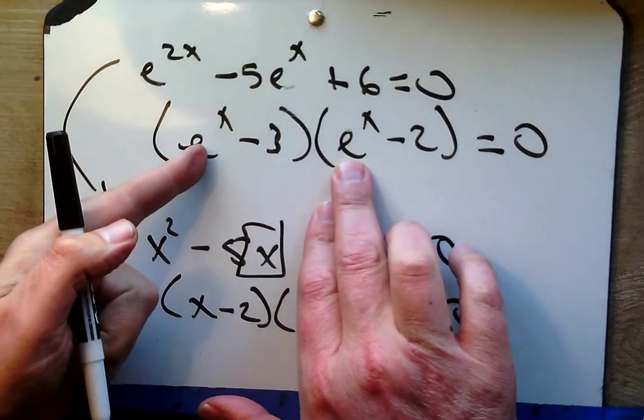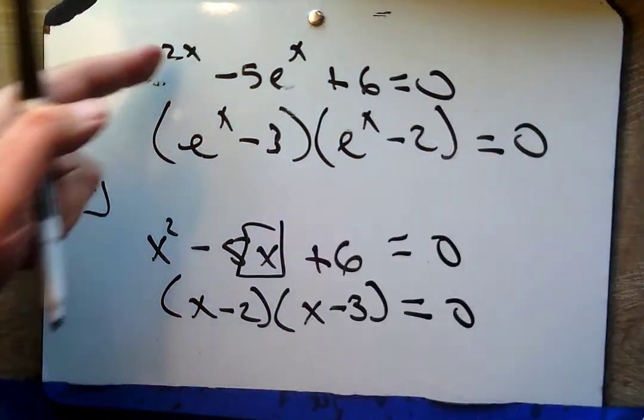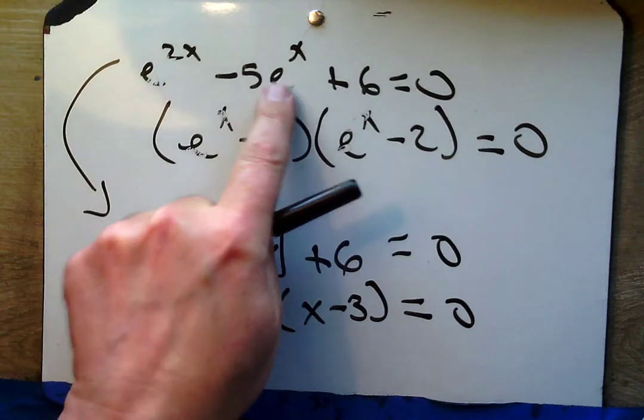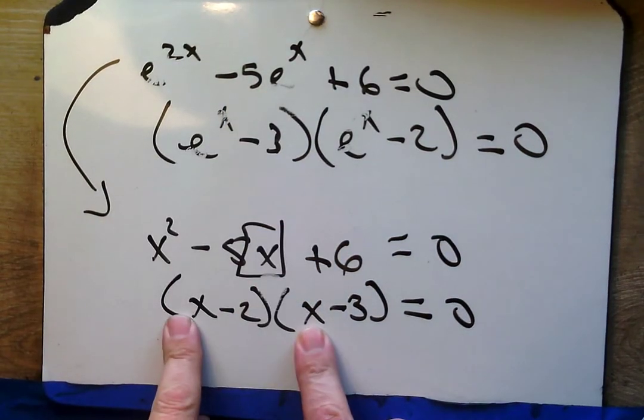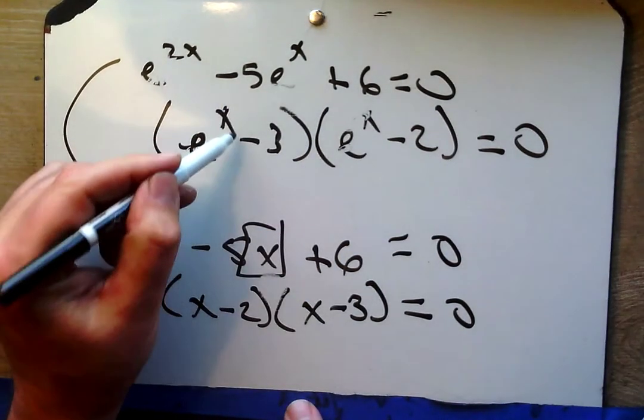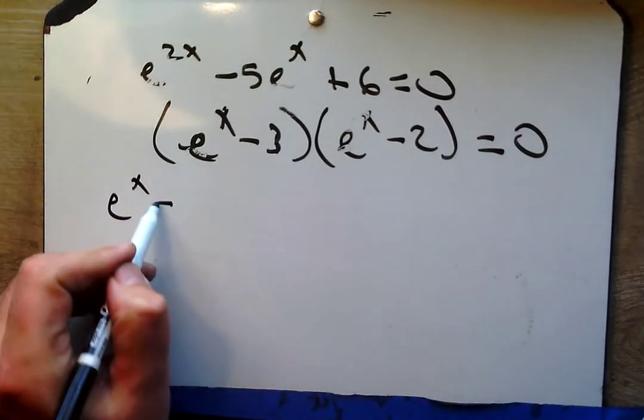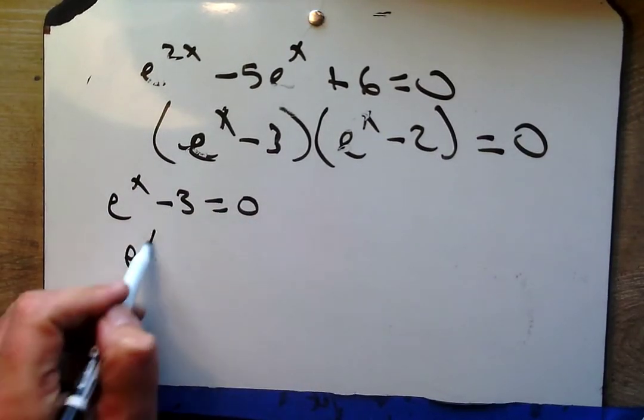So when we go to factor this one, I'm not using x squared, I'm using e to the 2x here and here. I'm using this one, just like I did here. So I've got e to the x minus 3 and e to the x minus 2. We set each of those factors equal to 0.